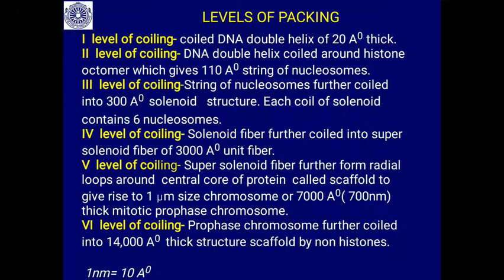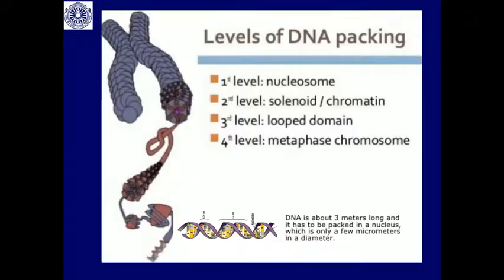Then the sixth level of coiling: the prophase chromosome is further coiled into a 14,000 angstrom thick structure, a scaffold of non-histones. This gives rise to the metaphase chromosome.